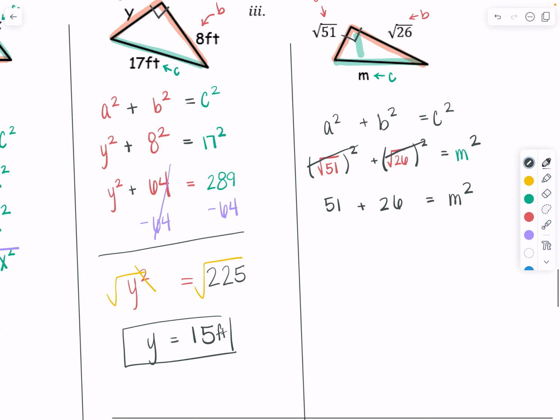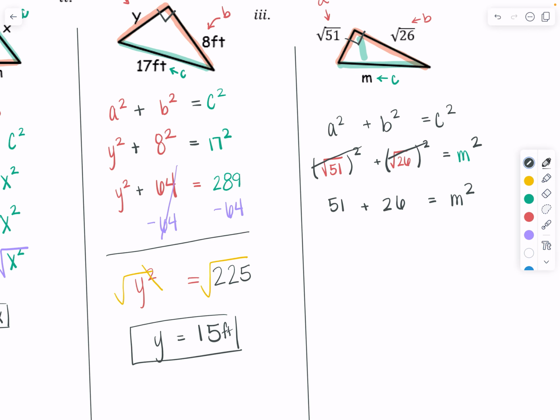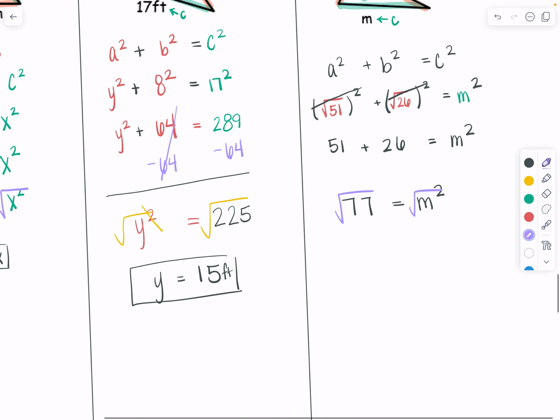I can now combine those two on the left to get 77 equals m squared. Now I'm not quite done. I've got m squared. So to get m by itself, I'm going to square root both sides. So I've got the square root of 77 equals m. Now a couple of different ways we could write this.